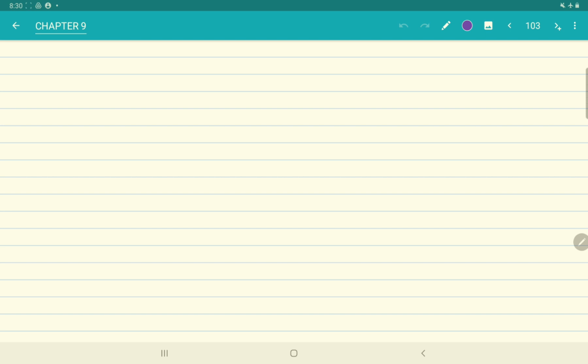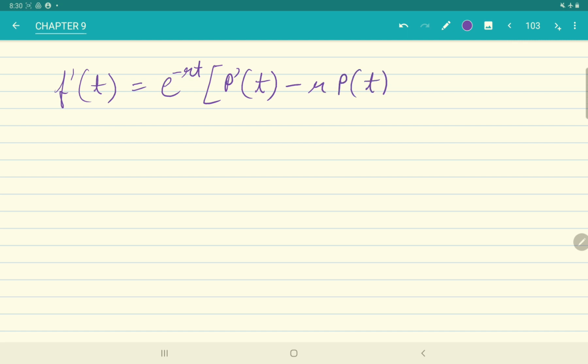So for that we look at the second order condition, and we know f prime t. Let me write that again. F prime t is equal to e raised to the power minus rt times p prime t minus r p of t.